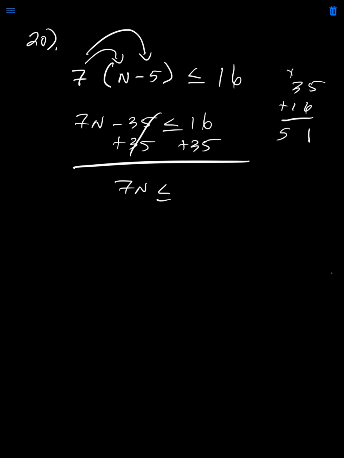Wait, really? Okay, that's interesting how that worked out. So 151. That's weird. Okay, then divide both sides by 7. So n is going to be less than or equal to 51 over 7, which is 7 and 2/7. So we did have a decimal.